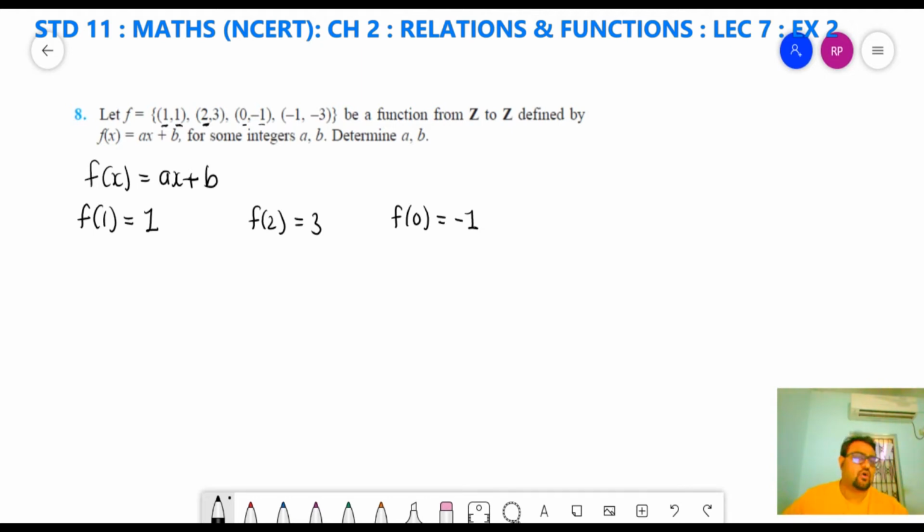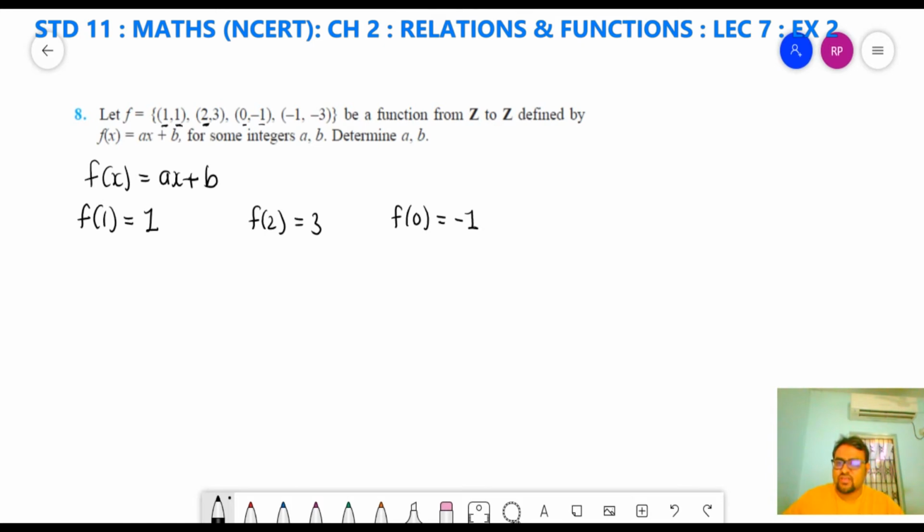Remember, when an ordered pair is given this way, that means f(x) is equal to y. So we can also take f of minus 1 equal to minus 3, if we require it.